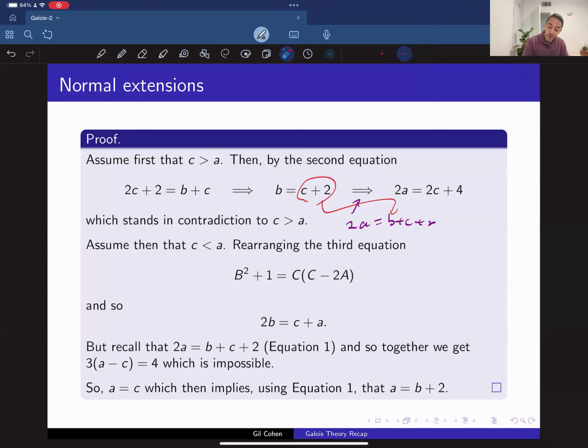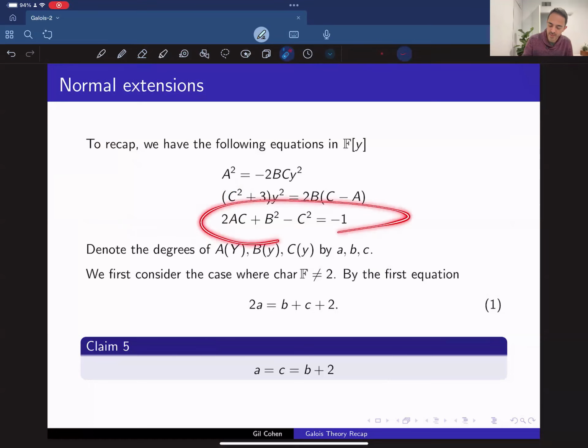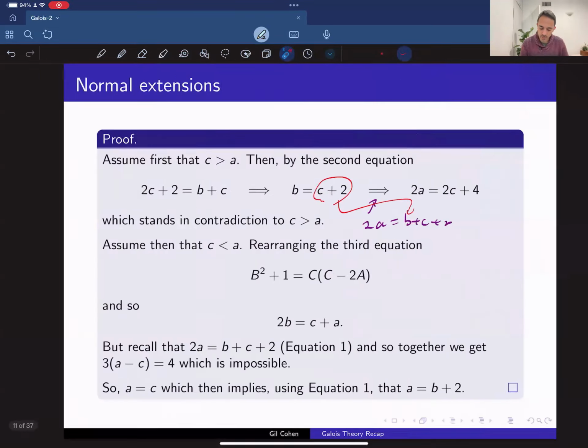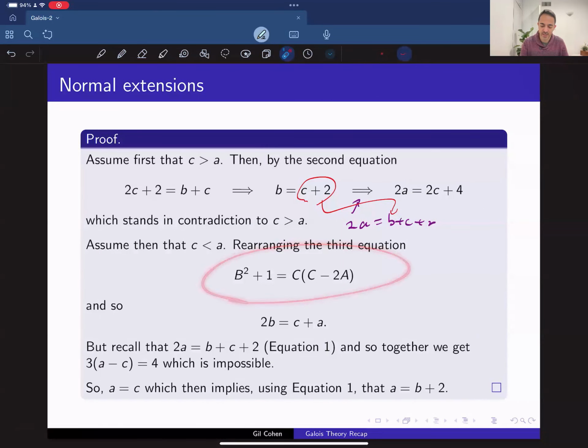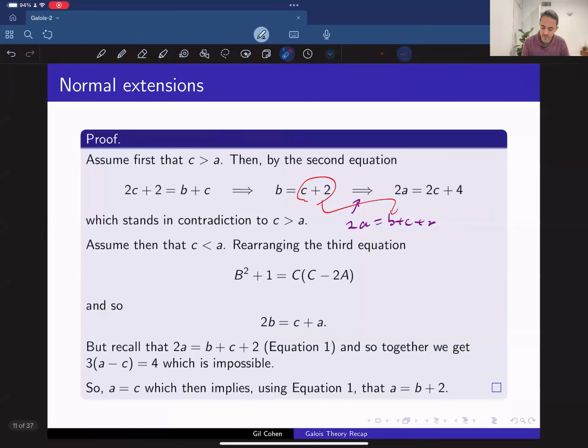And now let's look at the third equation. So you look at this equation now. So maybe let's erase those. And now we're looking at this equation, which I think I actually wrote here, and I'm rearranging it. So sorry for moving back and forth. You move things around, so you get that b squared plus 1 is c squared minus 2a.